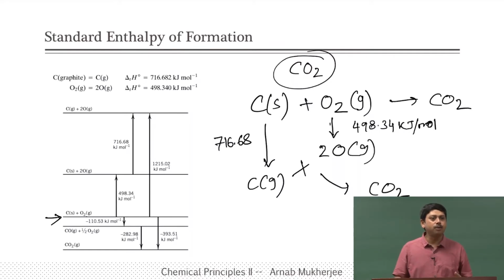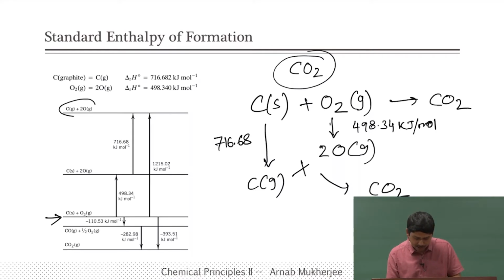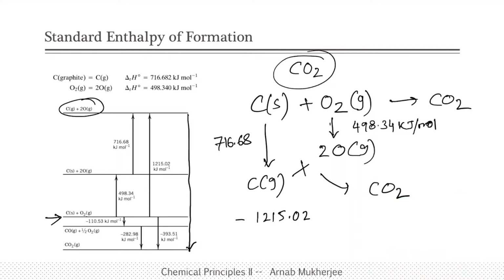Why is it an exothermic process? Due to the bond formation, it becomes more stabilized, and therefore the heat will be released. And how much is that? You can see that if you start from this state, it comes all the way here, which is 1215.02 minus 393.51.